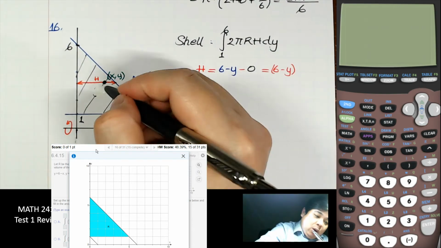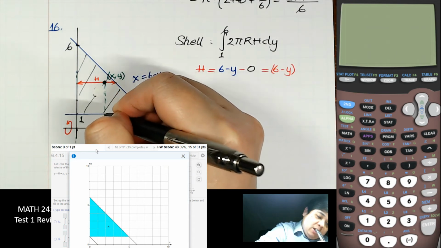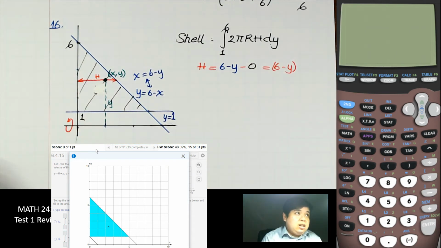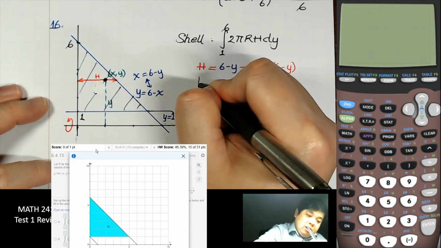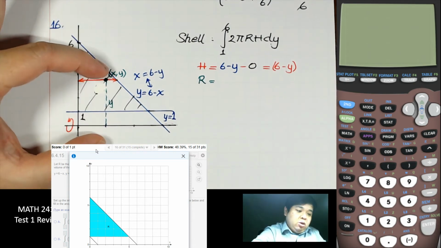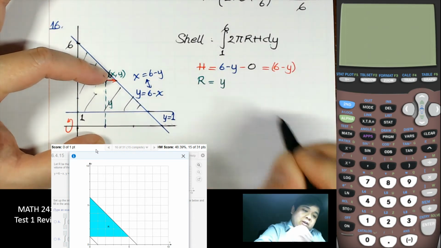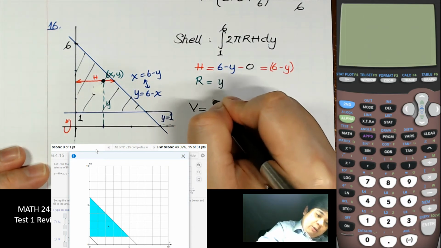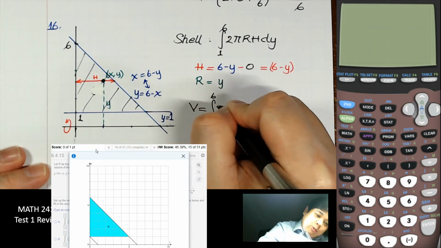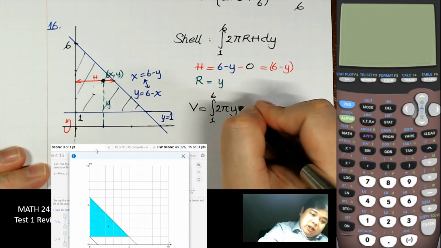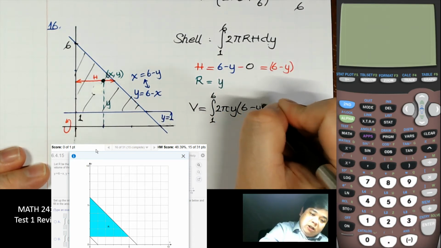We have to use the y coordinates, which is this distance here. And then after we do that, what will be the radius from that point to the axis of rotation? So that also happens to be y. So we have from 1 to 6, 2 pi, r is y, and h is 6 minus y, dy.